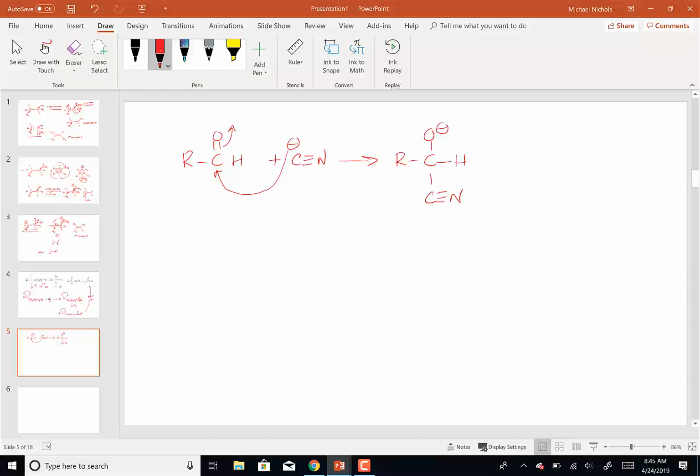No. In our case, no. So H is not going to leave, and the C triple bond N isn't going to leave. Although that's not always the case. But in our case, it will be. So since I formed a carbon-carbon bond, it's not going anywhere. So what's it do? It just hangs out until I add H+. So now I'm going to add my H+, H2O, and I've now made my cyanohydrin.